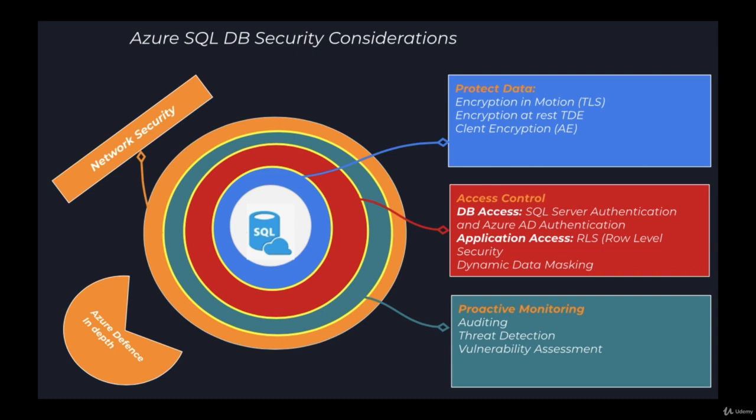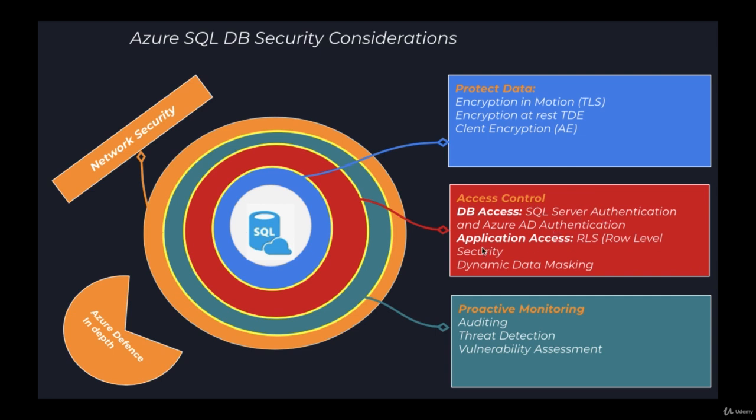Then we have access control, with the help of which we can control access. Several authentication methods are available, like SQL Server authentication, and you can integrate with Azure AD authentication, so that access to your SQL Server and the databases can be provided and controlled.